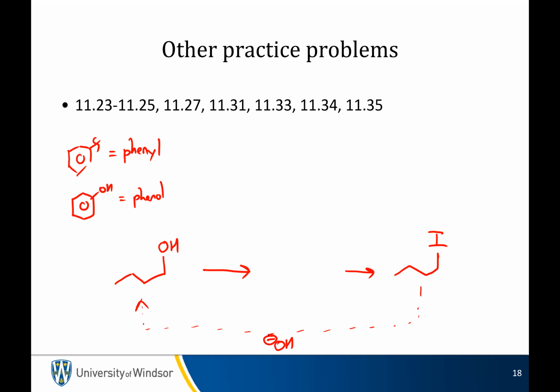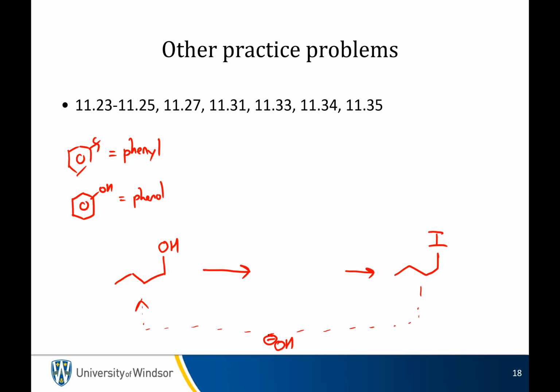OH minus. Theoretically, it's easy. Practically, it's actually harder than that. But theoretically, it's easy. That makes sense. OH minus comes in, displaces I minus as a leaving group. Everybody's happy. But I minus coming in and displacing OH minus does not make a lot of sense.